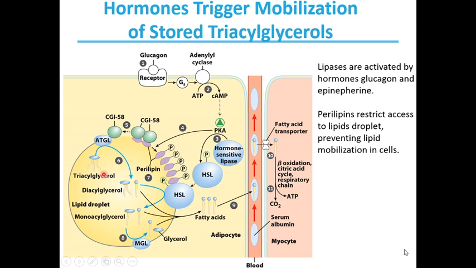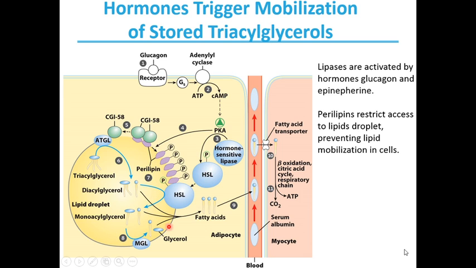ATGL converts triacylglycerol into diacylglycerol, which means one fatty acid is being released or hydrolyzed. The HSL that is being activated further converts diacylglycerol into monoacylglycerol.